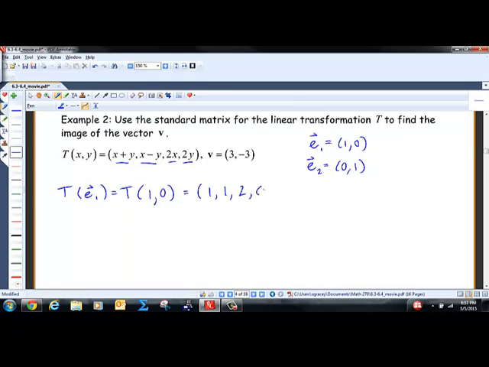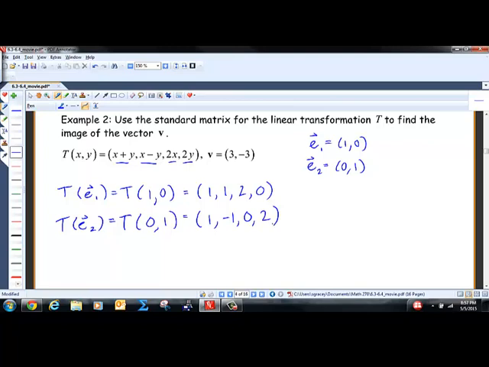And 2 times 0 is 0. Okay, so far? All right. T at E2 is this transformation here. They're swapped now, so we will have still 1. X minus y will end up being negative 1. 2 times 0 is 0, and 2 times 1 is 2. Okay, so far?